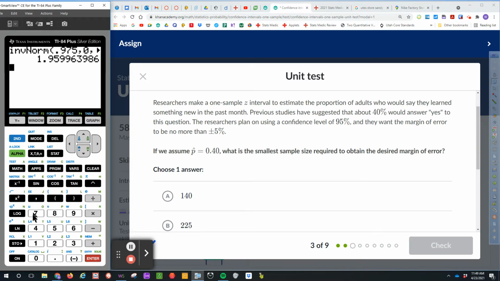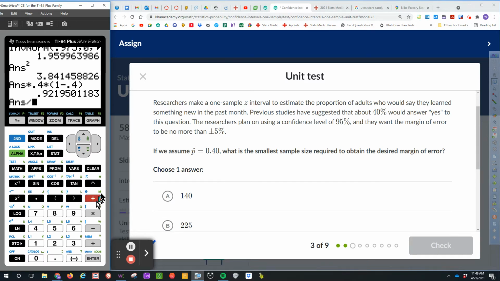Once I find my Z star, I square it and then times it by 0.4, because this is what my p hat is. And then times again by 1 minus 0.4. Okay, so I got that. Then I divide by 0.05, but then square, right? So it's 369.